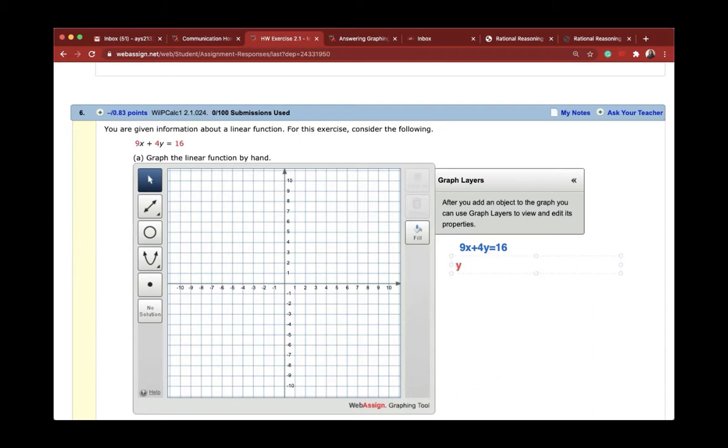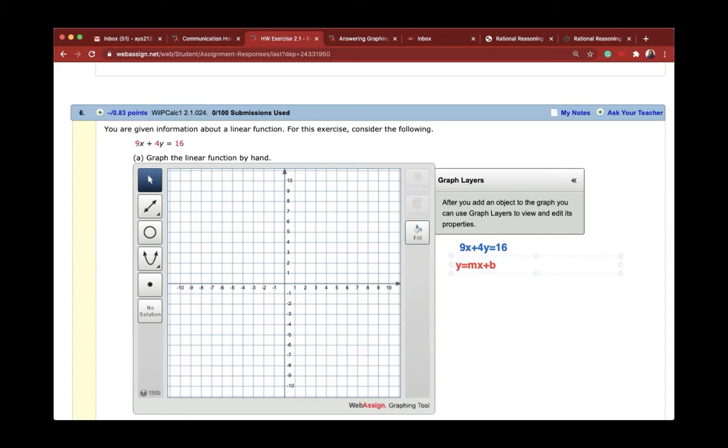We want to get to the y equals mx plus b form, because then we'll be able to know what the y-intercept is, and from knowing the y-intercept, we can find our other y values by using the constant rate of change.